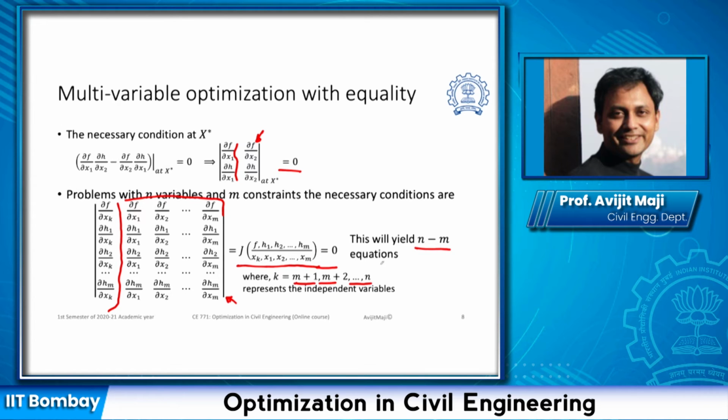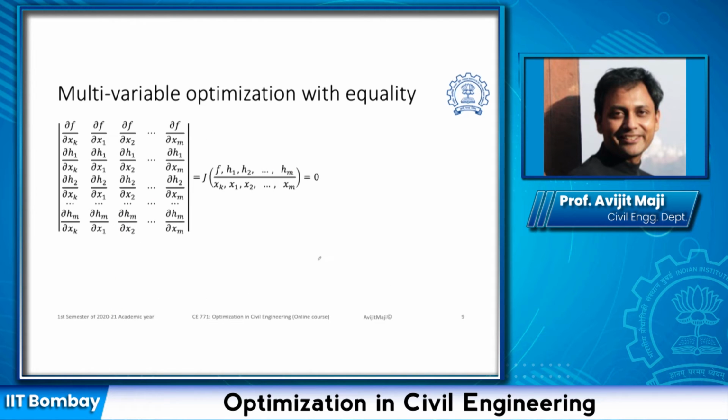So when it is yielding n minus m equations, which are supposed to be equal to 0, we need to understand the requirements of this Jacobian. Now let us quickly look into this matrix in detail. As I had said, the first column represents my independent variables and all the other columns represent my dependent variables.